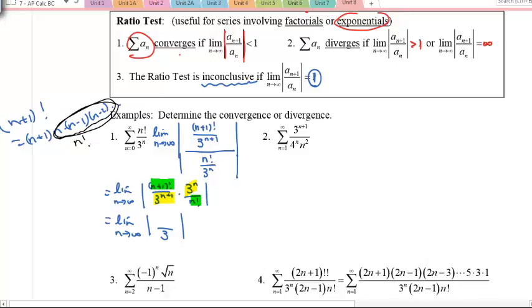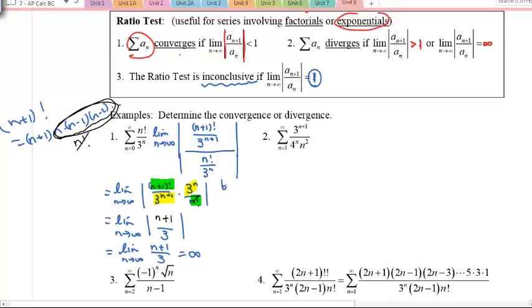So notice then, if n plus 1 factorial is just n plus 1 times n factorial, the n factorials divide out, and you're just left with a factor of n plus 1. So we can continue to do this. I now know that if I take the limit of n plus 1 over 3 of the absolute value, it's really the same thing as the non-absolute value. This, of course, equals infinity.